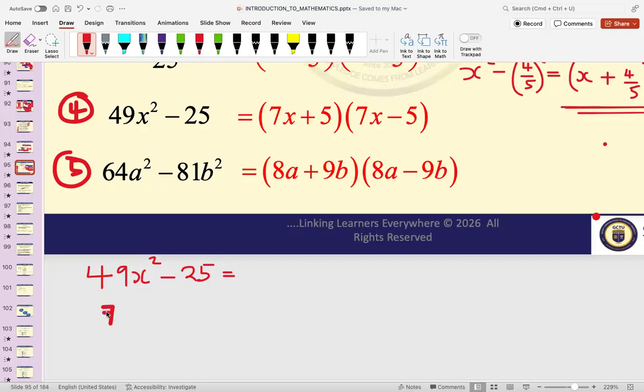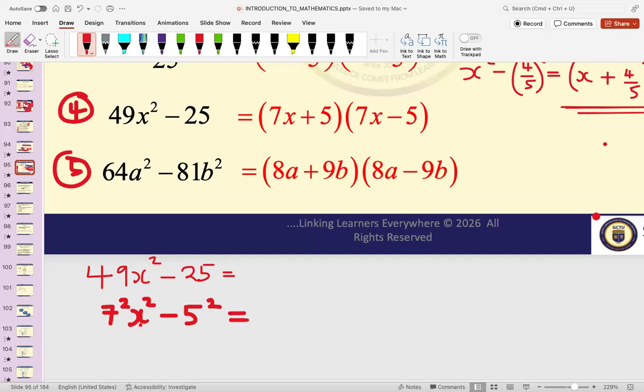So this can be rewritten as 7 squared x squared minus 25, which is the same as 5 squared. All we are seeking to do is to make everything square, so we can use our formula.